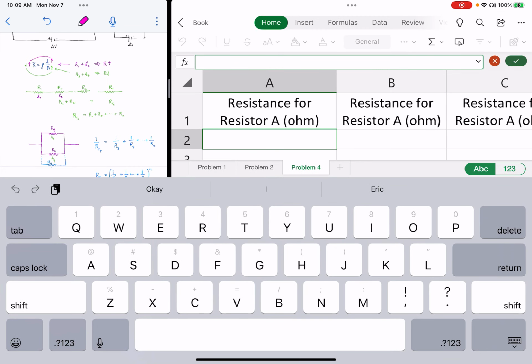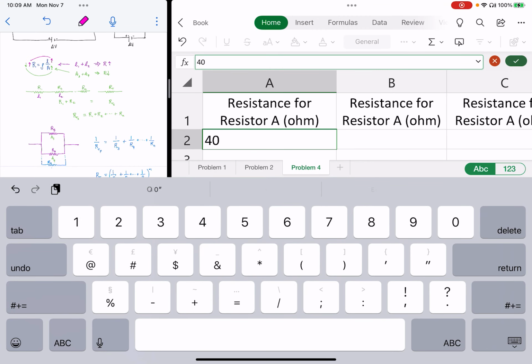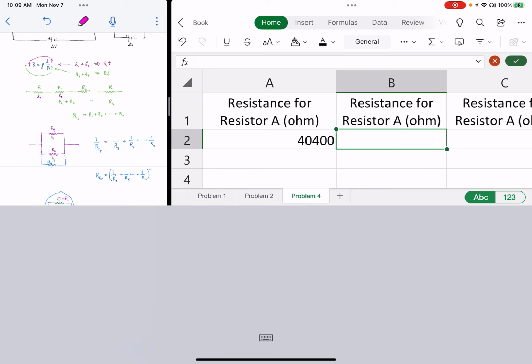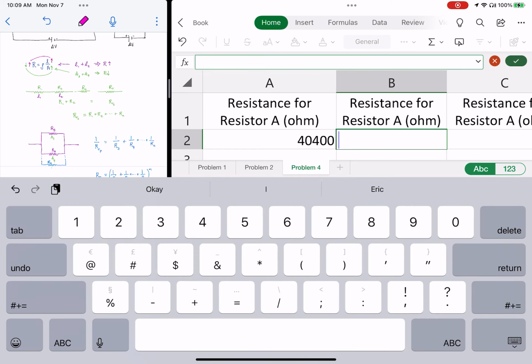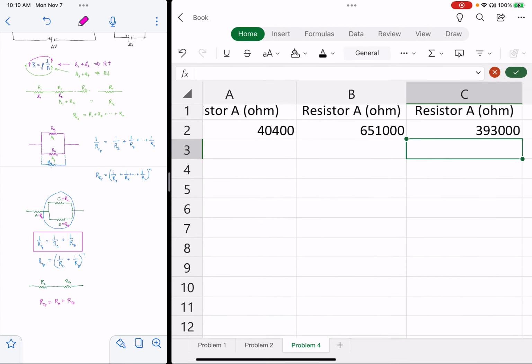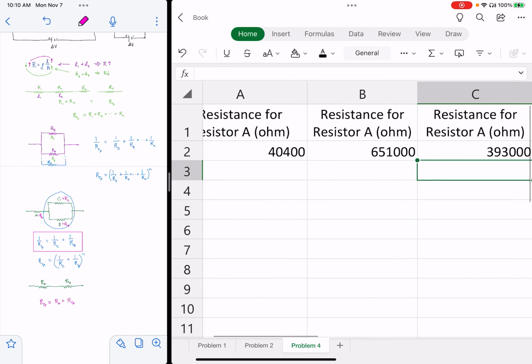Our resistance here is just going to be 40,400, and then we are going to have 65,100, so that's 651 kilo ohms, and then we're going to have 393,000 ohms.